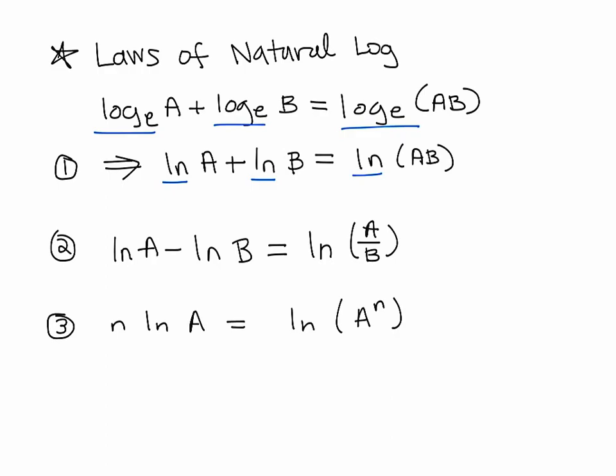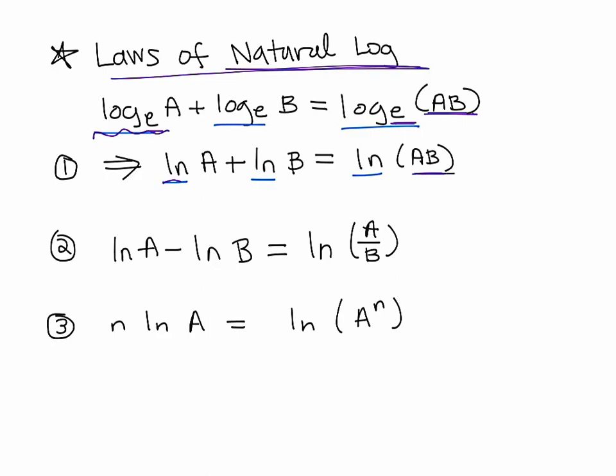We briefly talked about this in a previous slide. Laws of natural logs are exactly the same as the laws of logs. If we had log base e of a plus log base e of b, that is equal to log base e of a times b. But we know that log base e is equal to ln. So we can say ln of a plus ln of b is equal to ln of a times b.